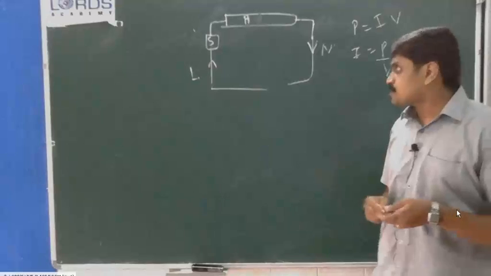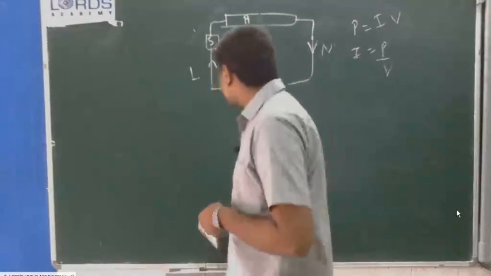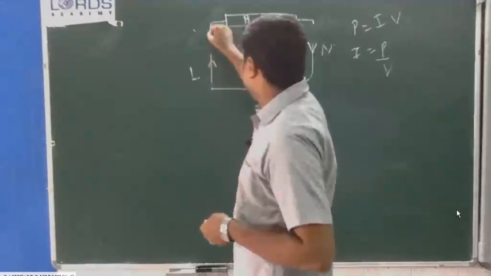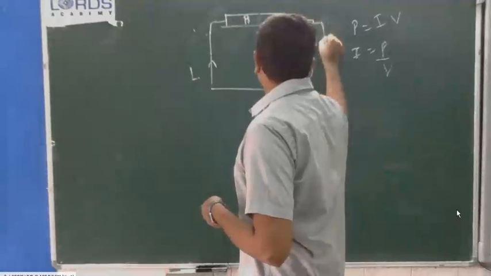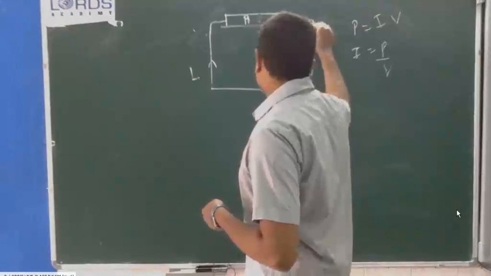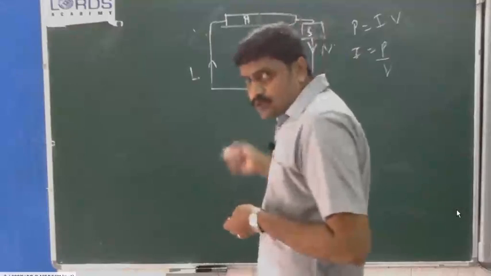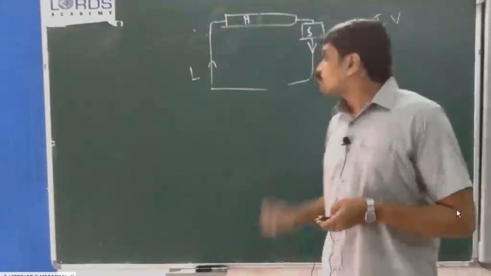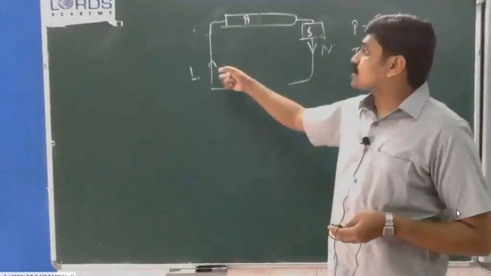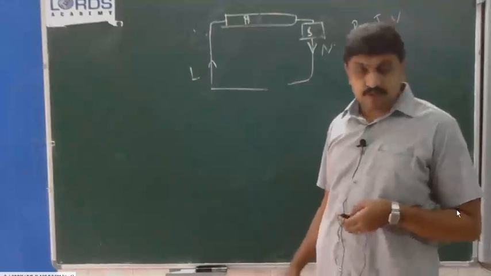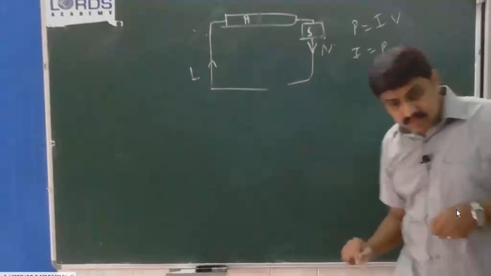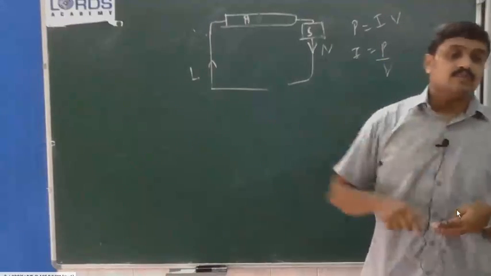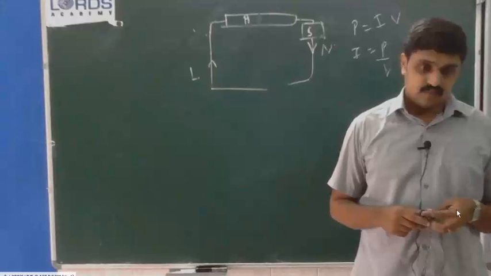The explanation is the same. Just imagine if you connect the switch in the neutral line. Here also the same will happen. If you switch off, the circuit gets disconnected, but the appliance is still connected with the live wire, even when the switch is off.